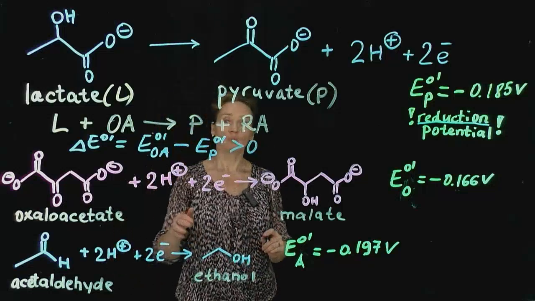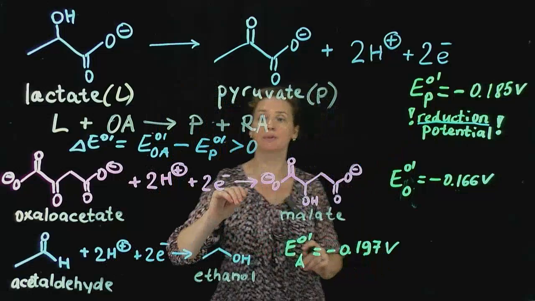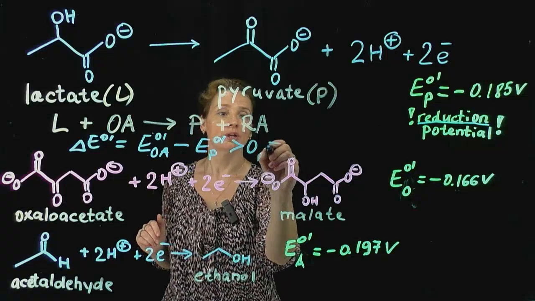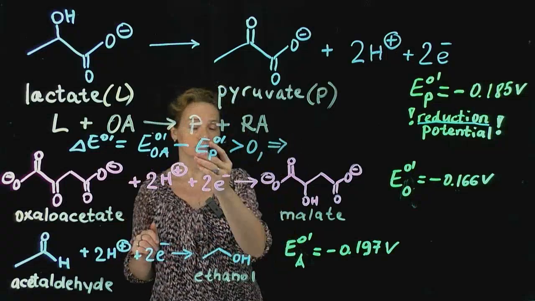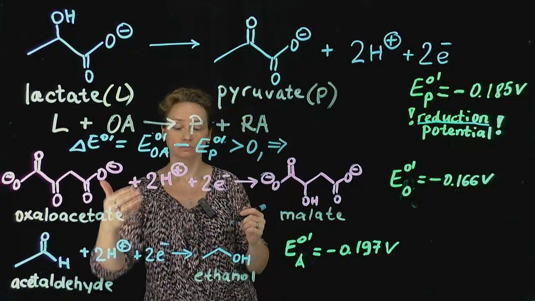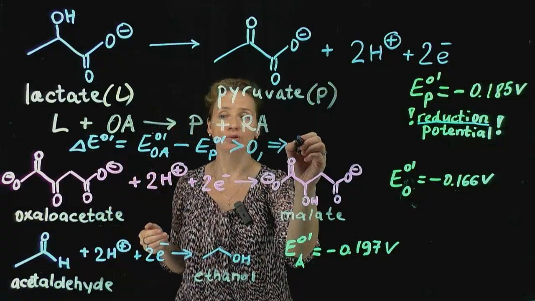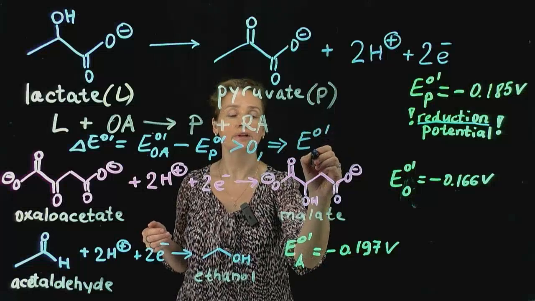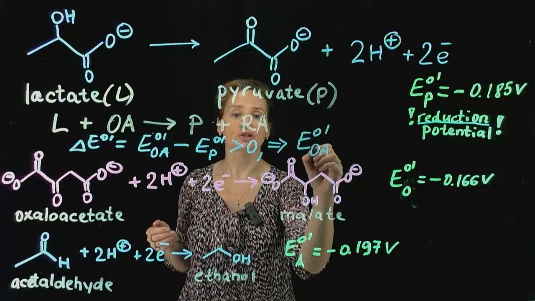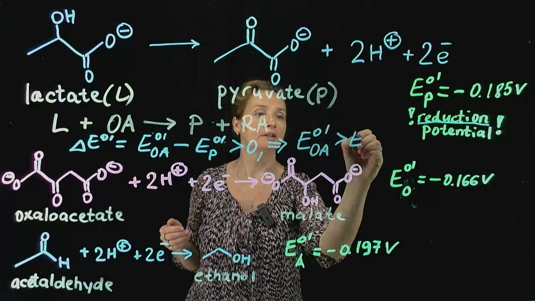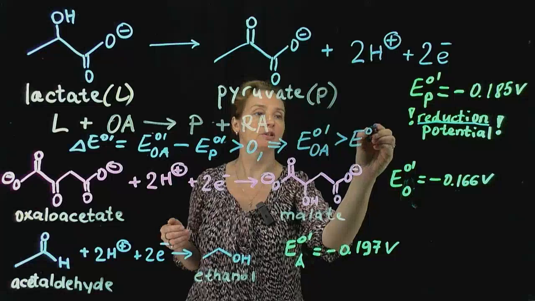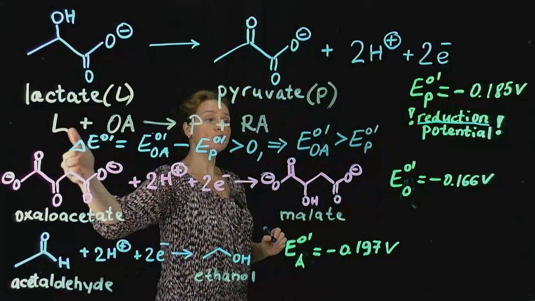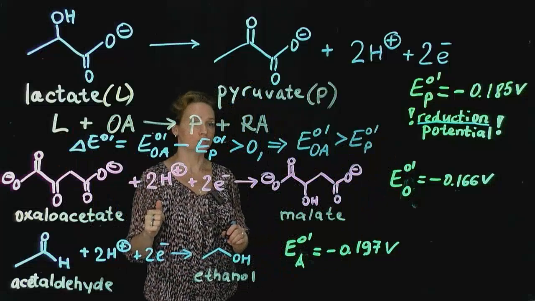We know the value for the reduction potential of pyruvate, so we can rearrange the inequality shown and determine that a suitable oxidizing agent should have a reduction potential which is higher than the reduction potential for pyruvate, so that the overall change in the reduction potential is positive.